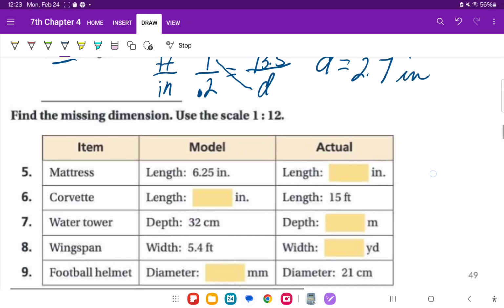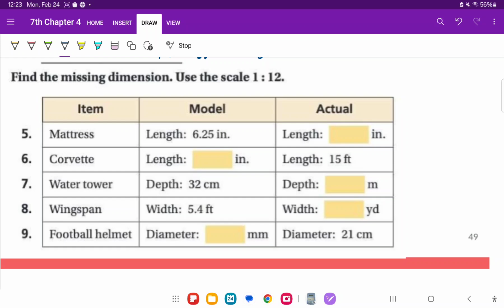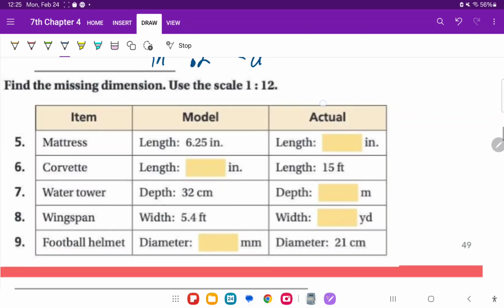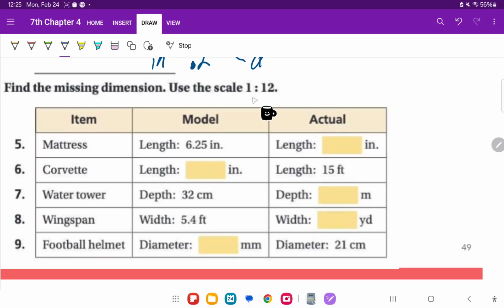So then on this next section, find the missing dimensions of each one. When we do this problem, it says find the missing dimension, use the scale 1 to 12. What that means is the first number is the model and the second number is the actual dimension, right? So whenever we set this up, it's the model over the actual.